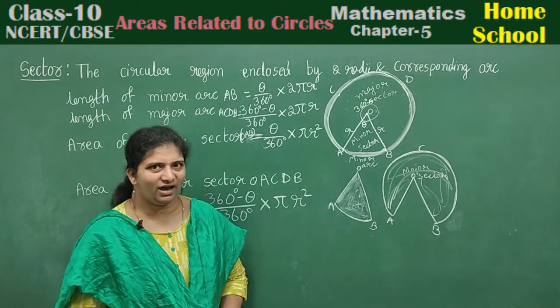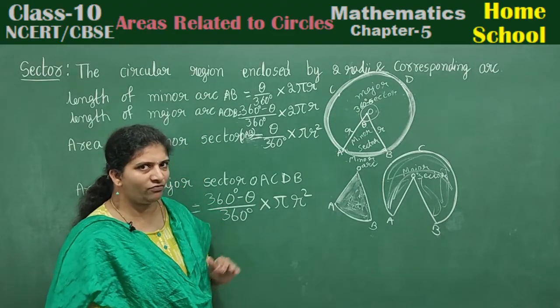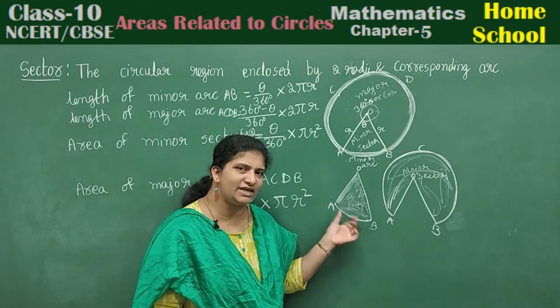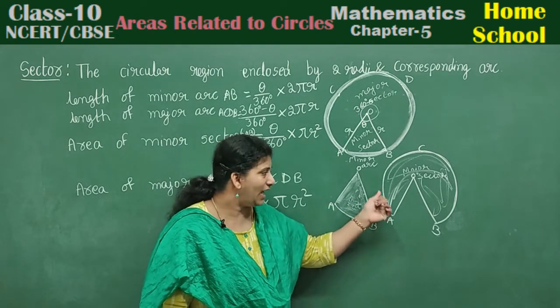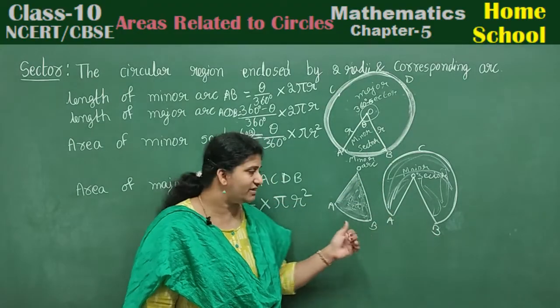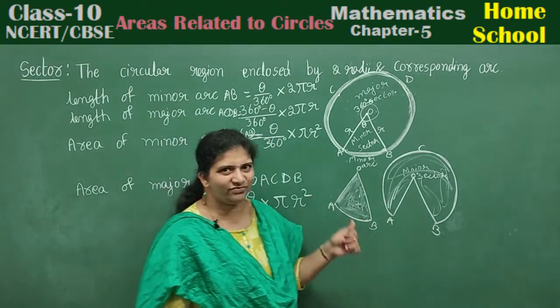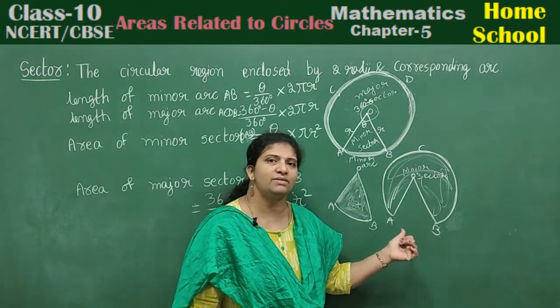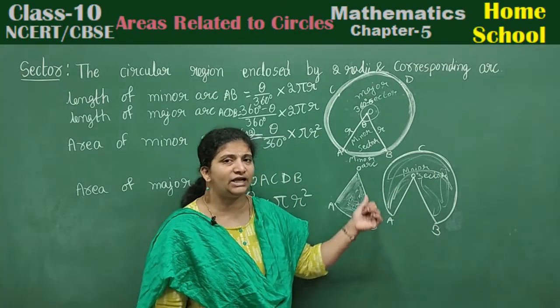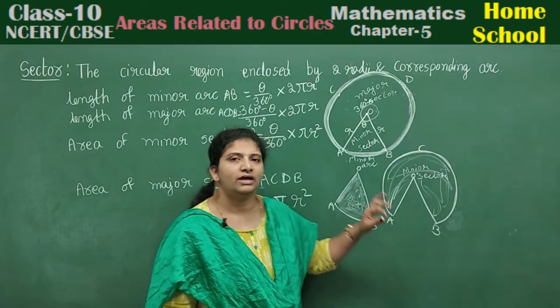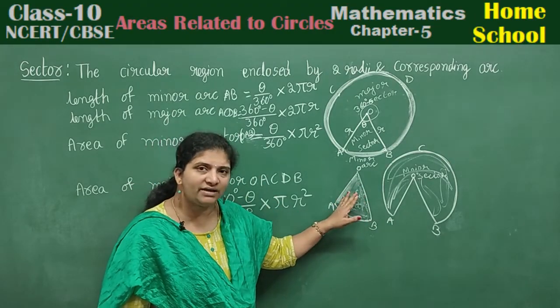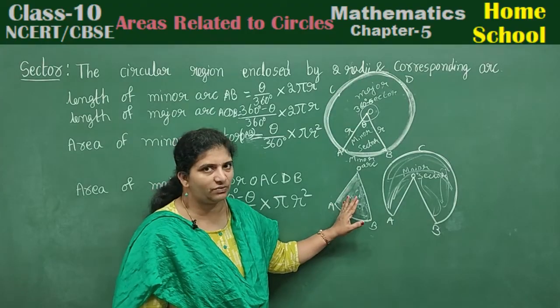Please don't learn by heart. Okay, let's have a recap of all this. Length of minor arc, theta by 360 into 2 pi r. Length of major arc, length deals with only part of circumference. Length of major arc, 360 minus theta by 360 into 2 pi r. Coming to area of a minor sector, theta by 360 into pi r square.